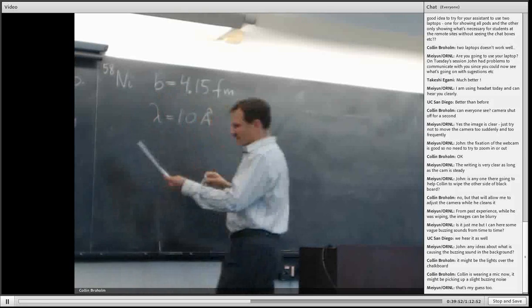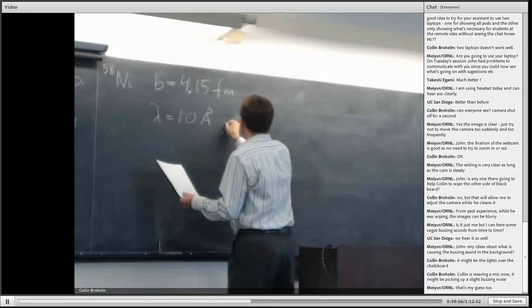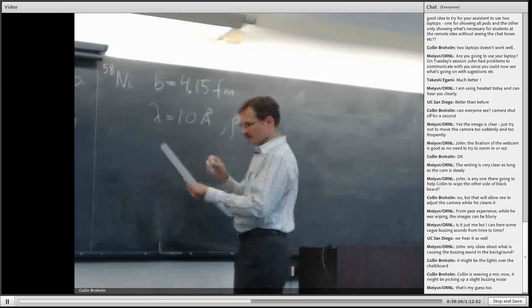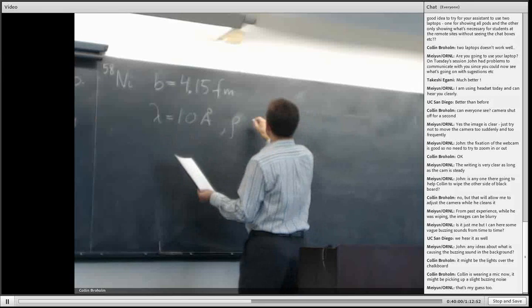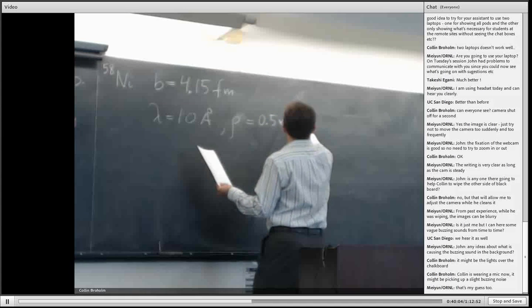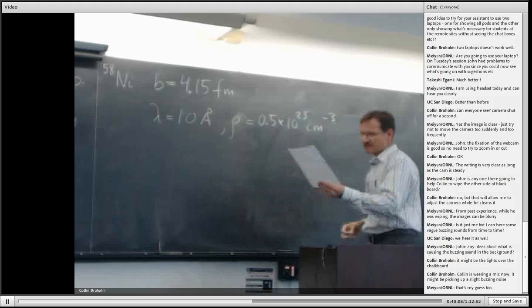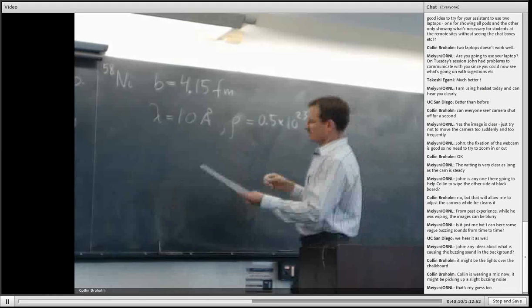And then we do 10 angstrom neutrons. That's a perfectly reasonable wavelength. And then we can derive the nuclear density for nickel, and it turns out to be 0.5 times 10 to the 23 inverse cubic centimeter, similar numbers as hydrogen in water, etc. So those don't change very much.